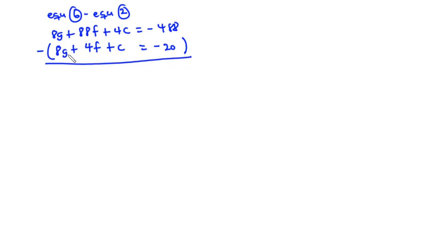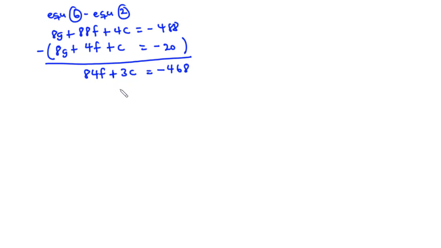So 8J minus 8J goes to 0. We have 88 minus 4, which is 84, so 84F. 4C minus C is 3C. And then negative 488 minus negative 20 is negative 488 plus 20, which is negative 468.